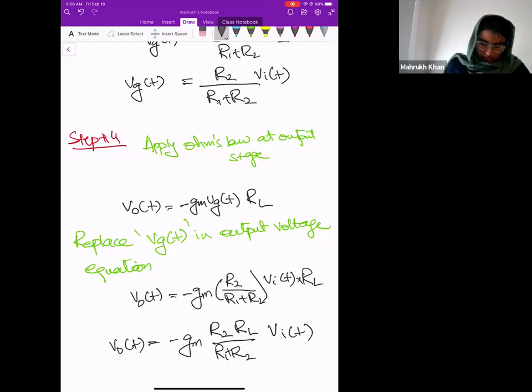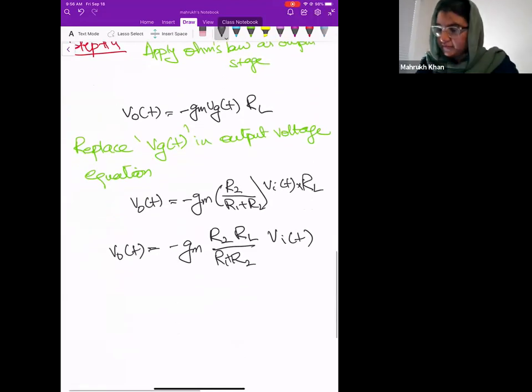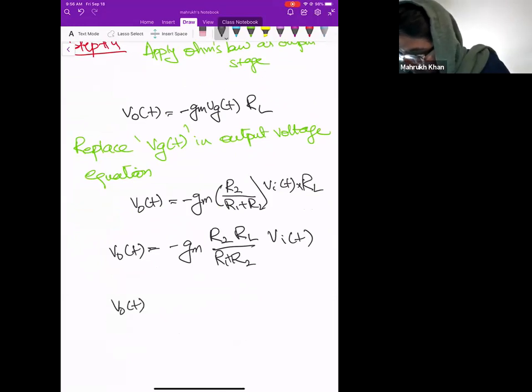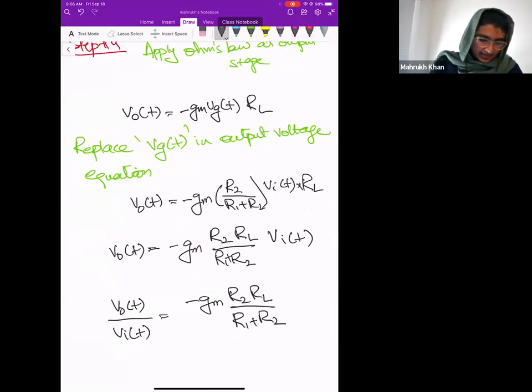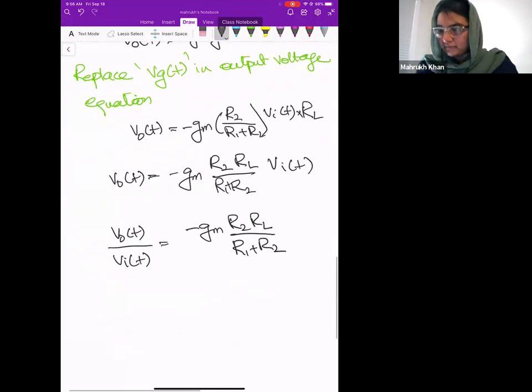So the transfer function or gain equation will be, where Gm is the gain factor or the constant that is given in the case of the amplifier.